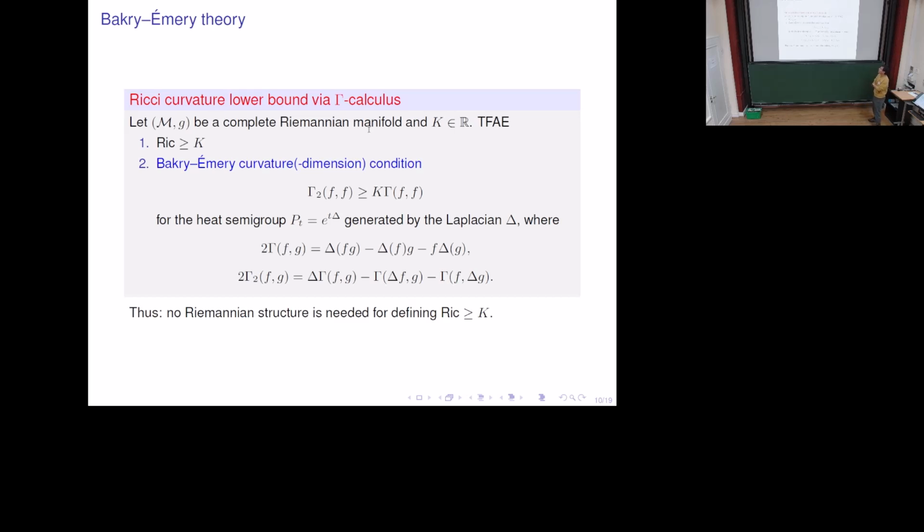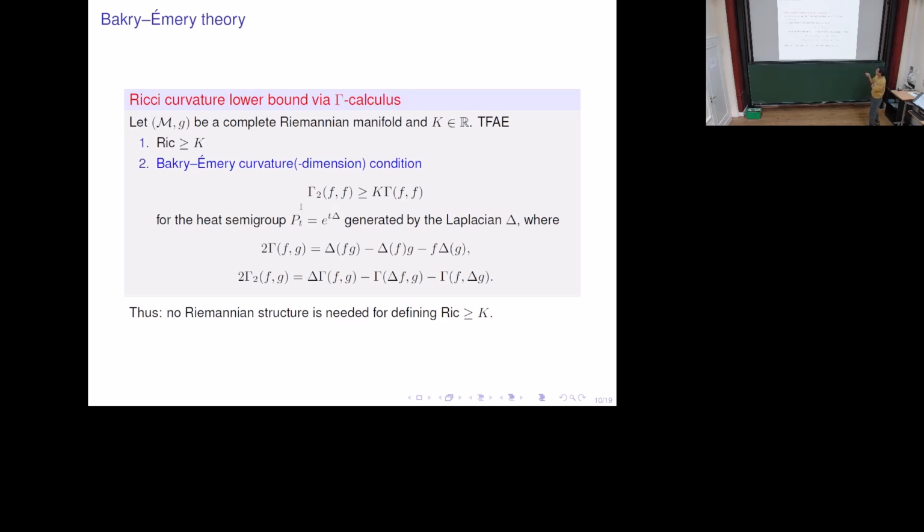Roughly speaking, in this theory, the Ricci curvature lower bound of a manifold being this real number k, positive or negative, is equivalent to the following condition, the so-called Bakry-Émery curvature dimension condition, that has nothing to do with the Riemannian structure. I will explain this in detail, but the whole point is that in this condition you don't see anything about the Riemannian manifold, and this condition is formulated in terms of an inequality, which we usually call the gamma 2 condition.